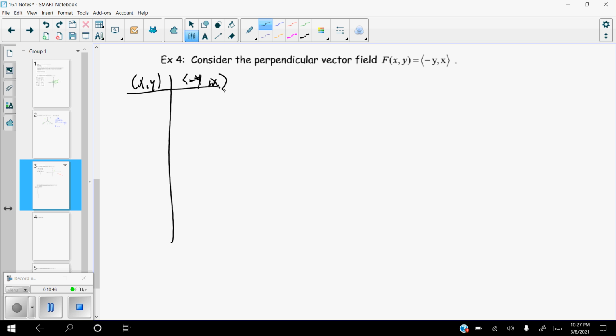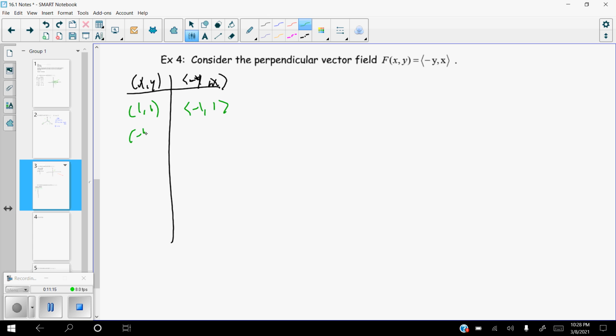So if you think about what we just did there, I took the point, which is xy, and I flipped the x and y and made it negative, or did the opposite reciprocal in order to get basically what would be perpendiculars. Hopefully that makes some sense. So if we start at 1, 1, the vector is the negative of y, which is negative 1, and then x, which is positive 1.